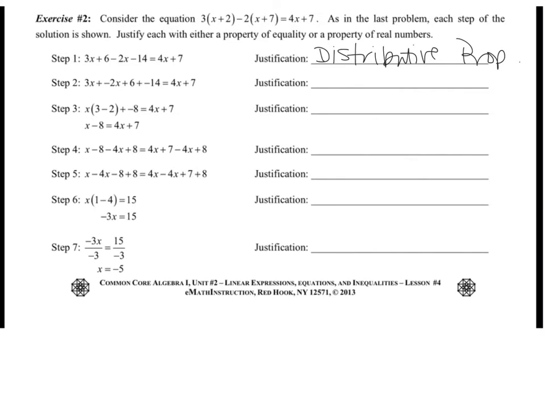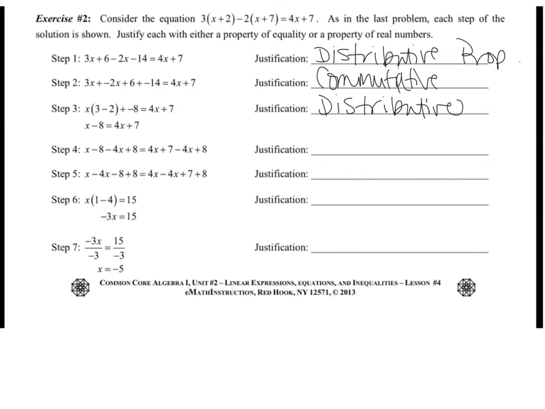The next one, it looks like instead of having the x's farther away, they move them next to each other. So that's the commutative property. And then it moved on to the distributive property again, because it took the 3 minus 2 out and put x on the outside. So again, the distributive property.